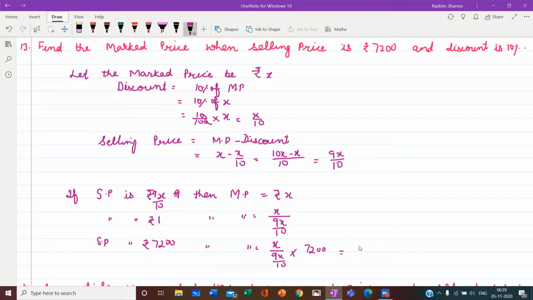Now we can reciprocate the denominator here. So x into 10 on 9x into 7200. Okay, x cancels with x, and here we get 800. It means our mark price is rupees 8000. Okay, so this is our answer.